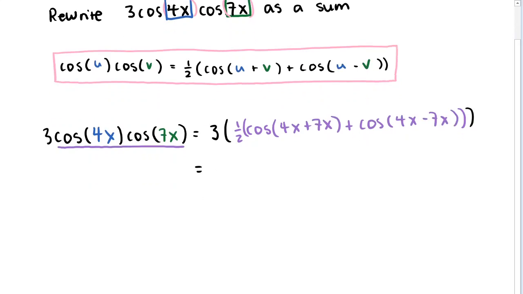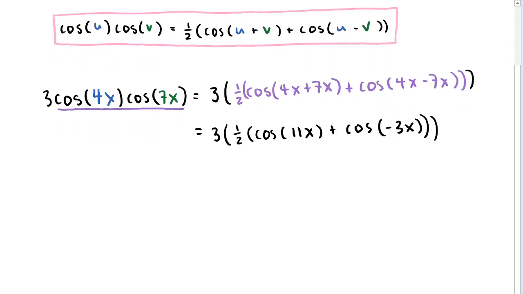And so we can simplify our expression in purple. This is 3 times 1/2 times cosine of 11x plus cosine of negative 3x. Do I have all the parentheses here? So I think I need one more.